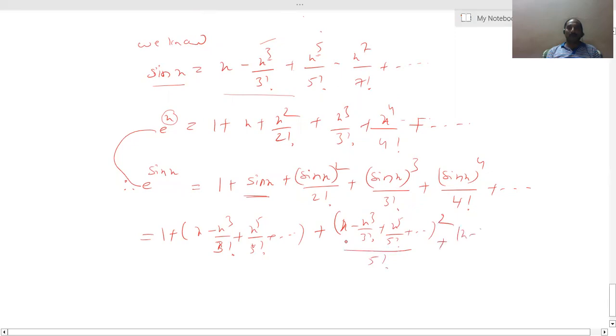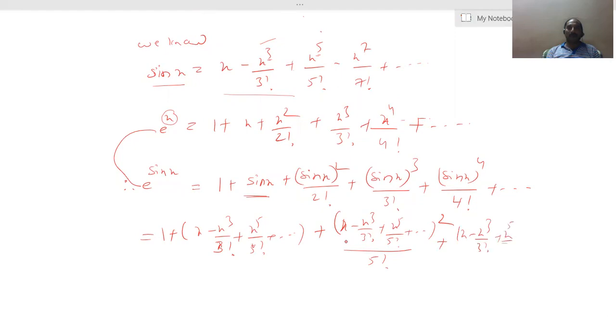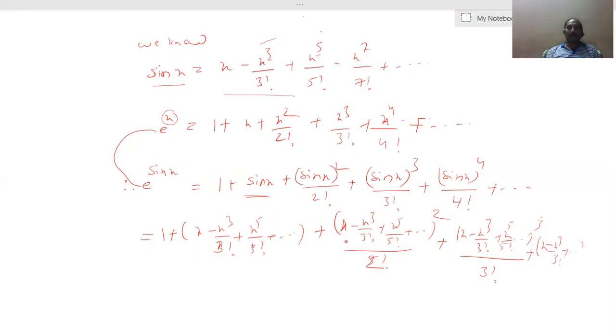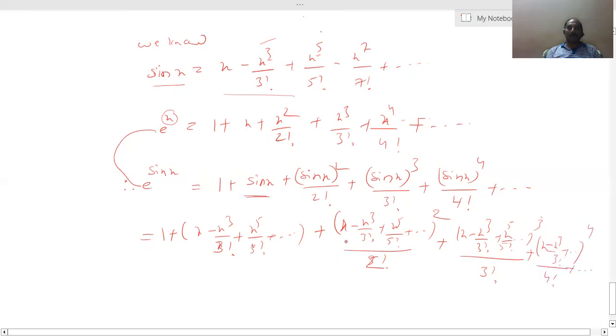The next term, x minus x cube by 3 factorial plus x power 5 by 5 factorial minus and so on, whole cube by 3 factorial. Next term, x minus x cube by 3 factorial plus and so on, whole power 4 by 4 factorial plus and so on.